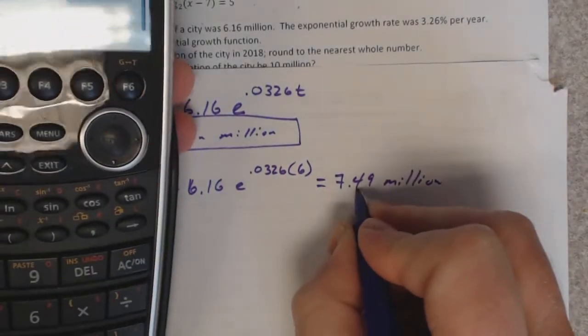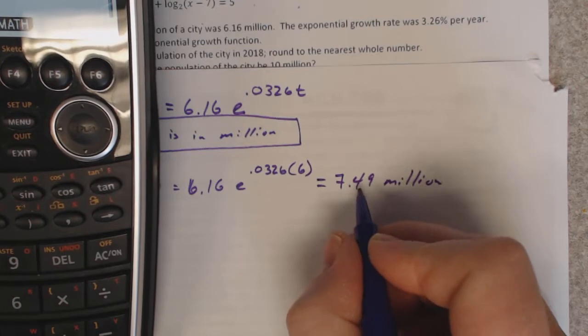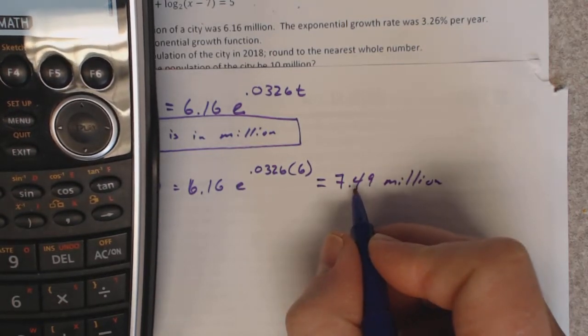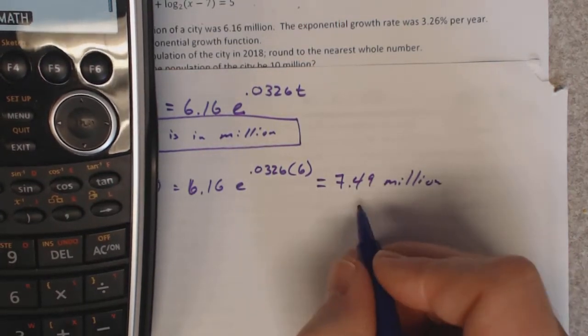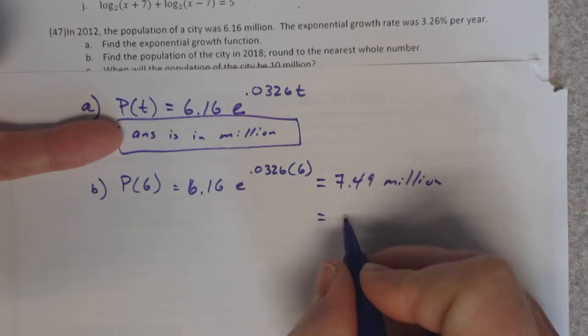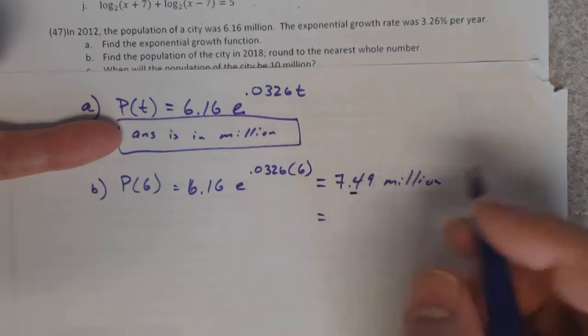The nearest whole number, that rounds. In my opinion, that would round to 7.5. I don't want to round that all the way down or all the way up. I mean, if you're looking at the nearest whole number, you look at this number and say, well, it rounds down.